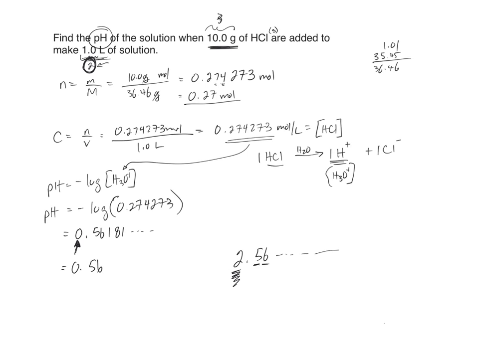Maybe let me just share one other quick example. So say I had a pH that was 4.392. So this is my pH, and what I want to know is the hydronium ion concentration. So the formula for that is 10 to the negative pH.